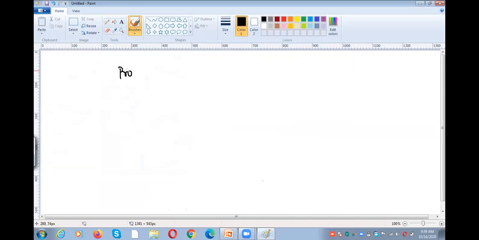So this is the producer. What can the producer do? The producer can produce an item into the buffer. Initially the buffer is empty. No items are available in the buffer.